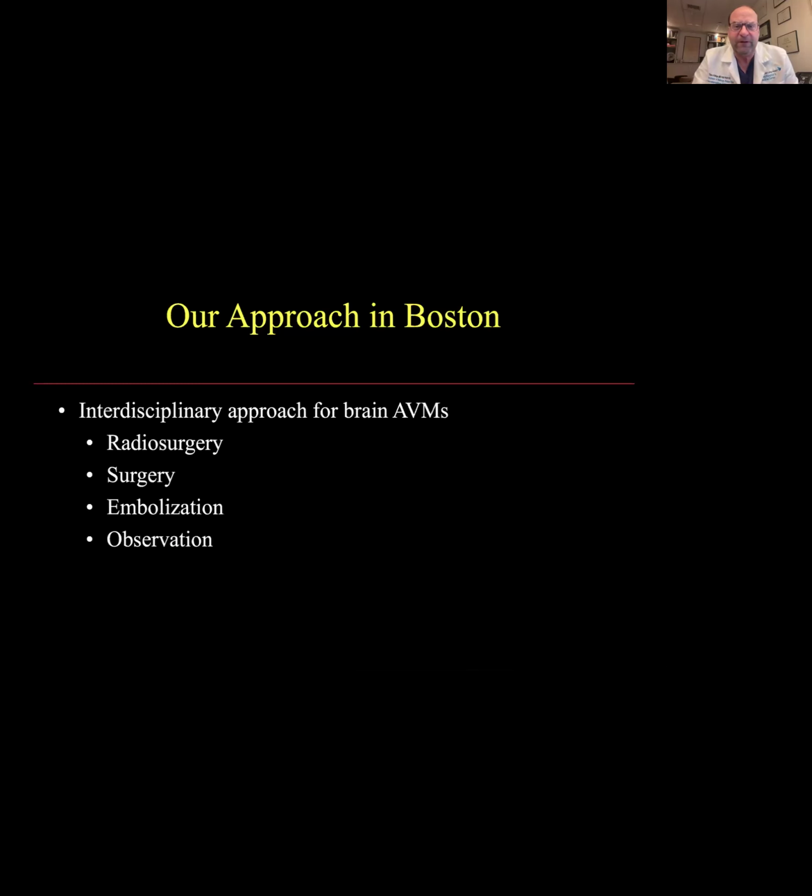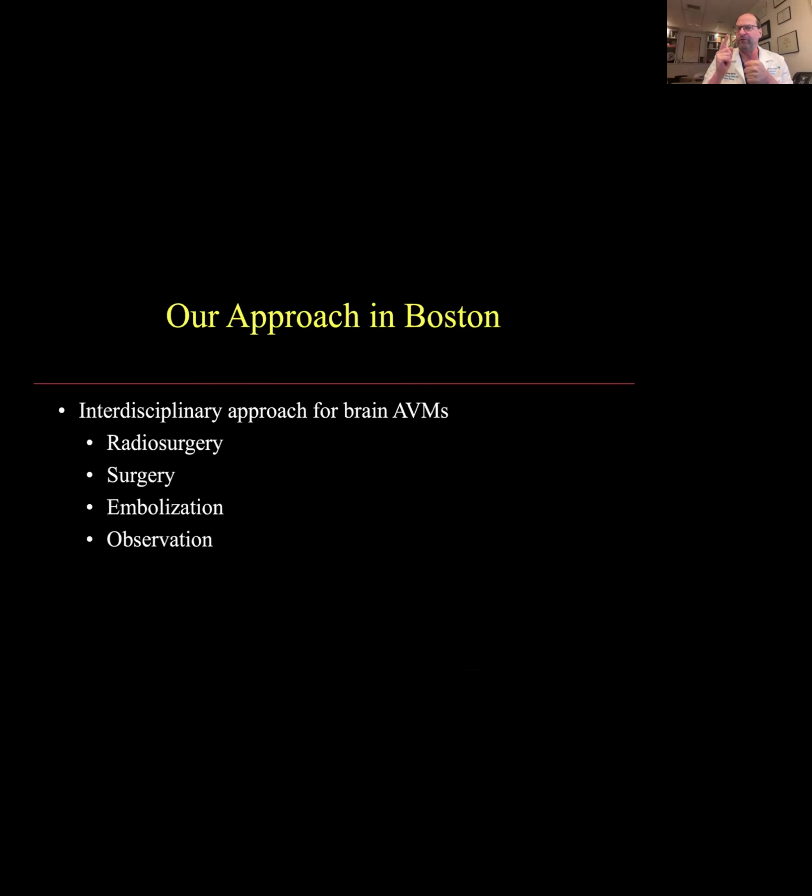And for those in between, the brain AVMs, we use an interdisciplinary approach. There are different ways to treat an AVM, and there is no one size fits all approach. You should go to a center, if you have a brain AVM, that offers all four approaches.